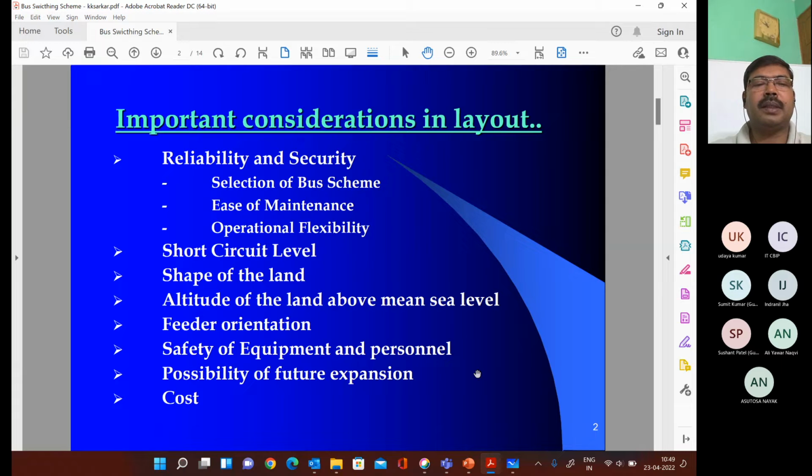Then, because there is always load growth, the substation layout and hence the bus switching scheme should be such that in future any feeder, any transformer, any element can be connected, and finally it should be cost effective. Correct.